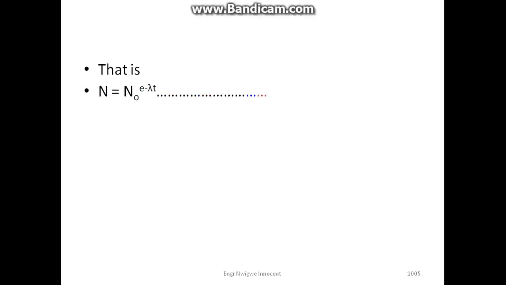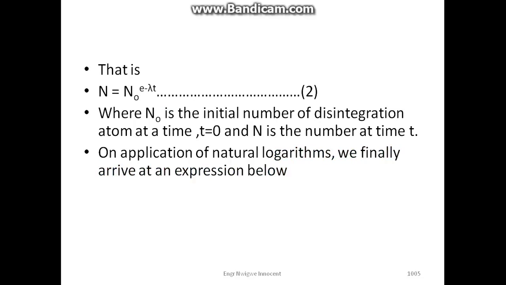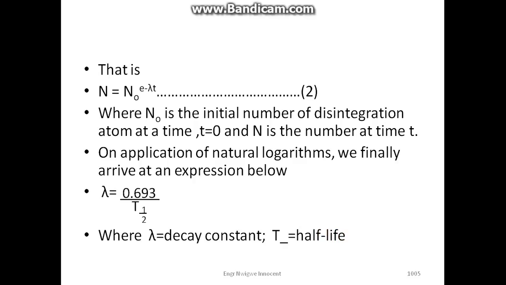That is, capital N is equal to N naught raised to power e minus lambda T, equation 2, where N naught is the initial number of disintegrating atoms at a time T equals to 0 and N is the number at time T. On application of natural logarithm, we finally arrive at an expression below. Lambda is equal to 0.693 all over T half, where lambda is the decay constant, T half is the half-life.